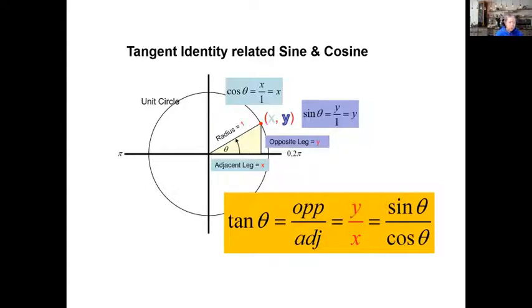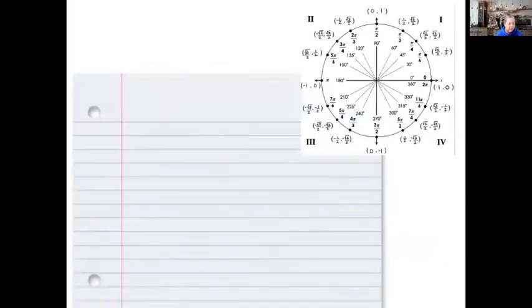And now, with this knowledge, we should be able to construct the graph of tangent as well. Okay? And remember, we had the slides for both sine and cosine already. So now we recall the x-coordinate and y-coordinate.